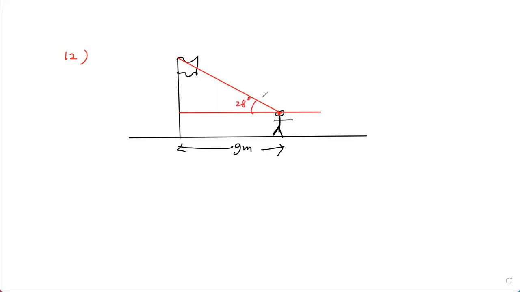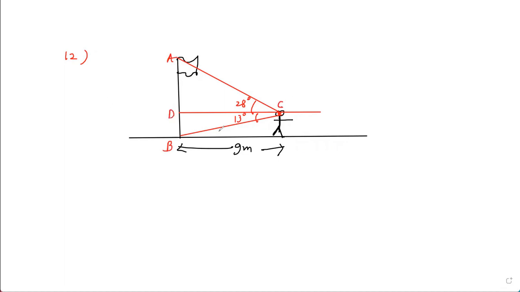Now they have also told that the angle of depression of the bottom of the pole is 13 degree. So which basically means this angle is 13 degree. Okay. Now the question is to calculate the height of the pole. No problem. Let me name the flagpole as AB and this point as C. Okay, and this point as D.